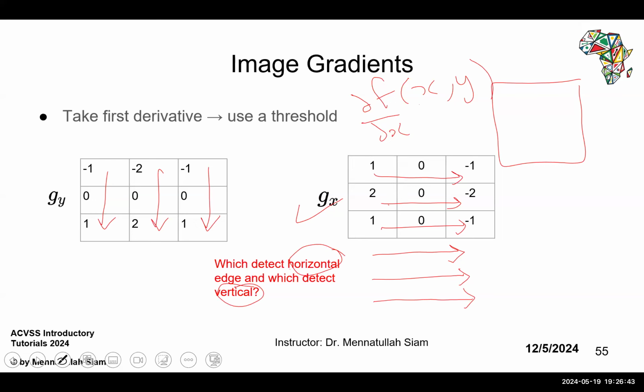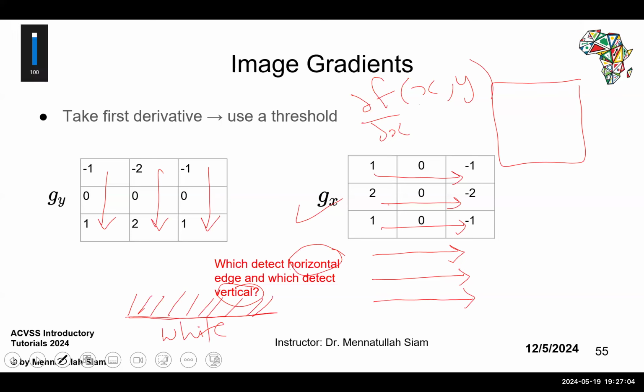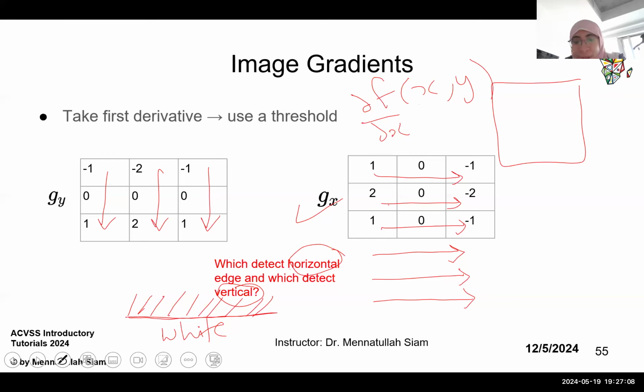Well, if I have a horizontal edge here, let's say this is black and this is white, will the change be in the same direction as the edge or perpendicular? I'm happy that you're all participating. You can think out loud.